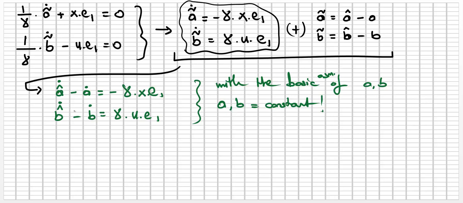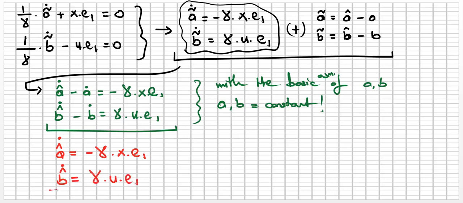And so these terms are eliminated here, and so in the last form we can reach what? The a hat dot is equal to minus gamma times x times e1, and b hat dot is equal to gamma times u times e1.